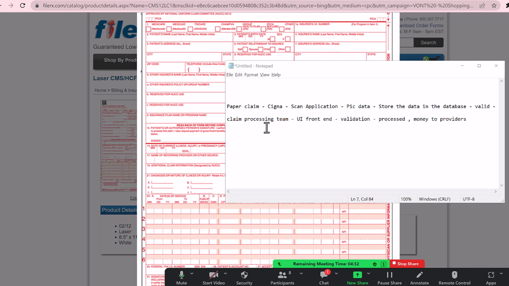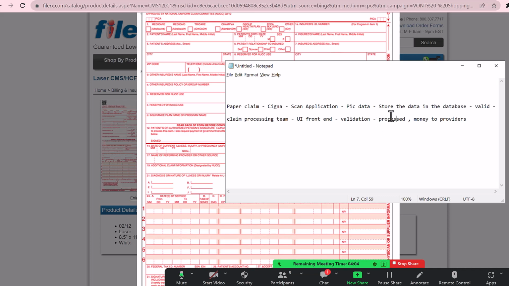And from the front end perspective, when a claims auditor or a claims person logs in every day, they must be able to see the scanned image, and they must be able to process this claim. They have to do the validation, and then enter whether it's a proper claim or a rejected claim, put in their notes and comments, and click it as processed or rejected, whatever it is.